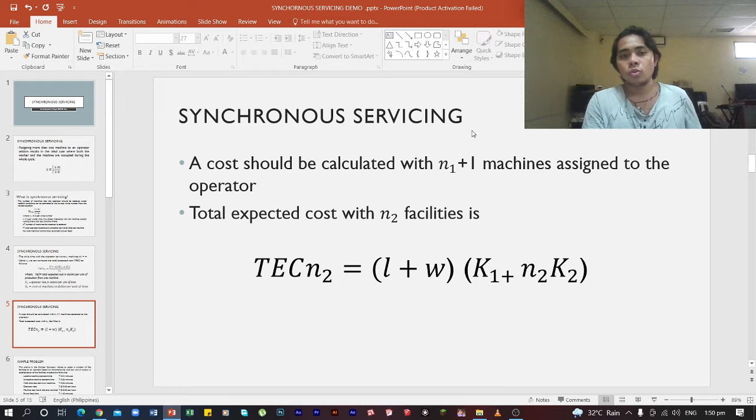The total expected cost with N sub 2 facilities can be solved with this equation: TEC of N sub 2 equals the quantity (L plus W) times K sub 1 plus N sub 2 times K sub 2. So, be ready.